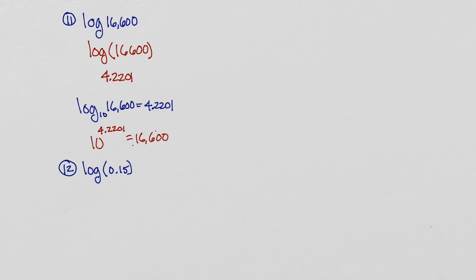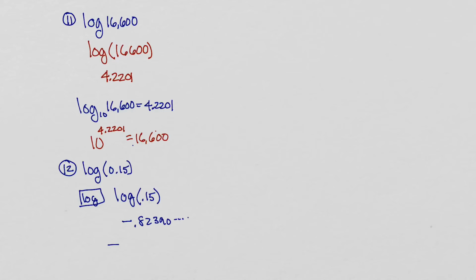So now on our calculator, we're going to compute the log of 0.15. This is how I would do it on my TI-84. I'll press the log key, and I get log and a parenthesis, and then I'm going to type in the 0.15 and a closed parenthesis, which is right above the 9. When you press enter, I'm getting negative 0.82390, but we're going to round this to 4 decimal places.